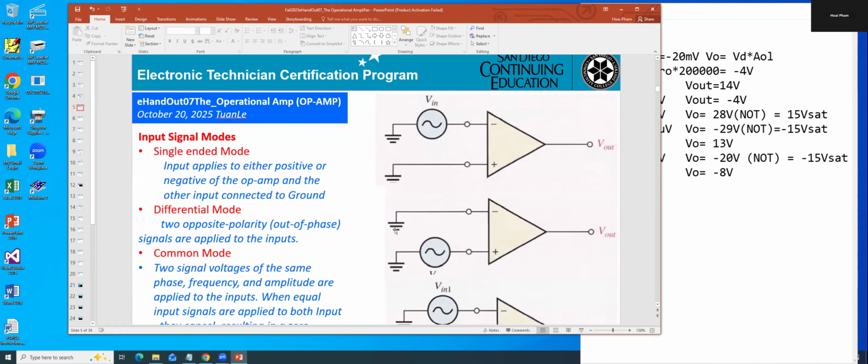Okay, now input signal mode. Single-ended mode.